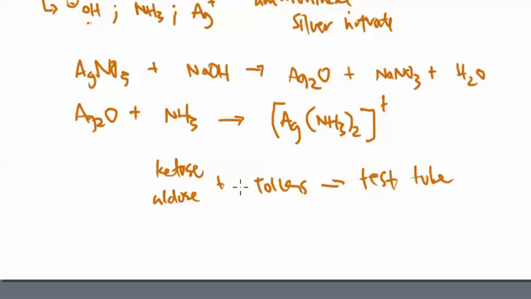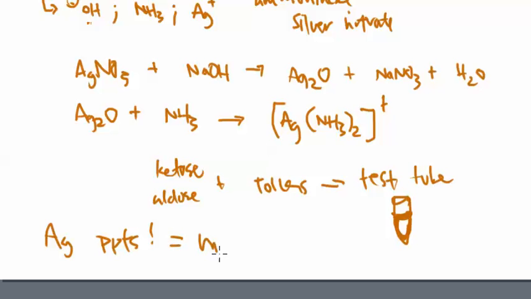This test tube will let you know if the solution that you have has a ketose or aldehyde group. And what will happen is that the silver precipitates out. So the silver precipitates, and it begins to form a layer on the test tube itself.